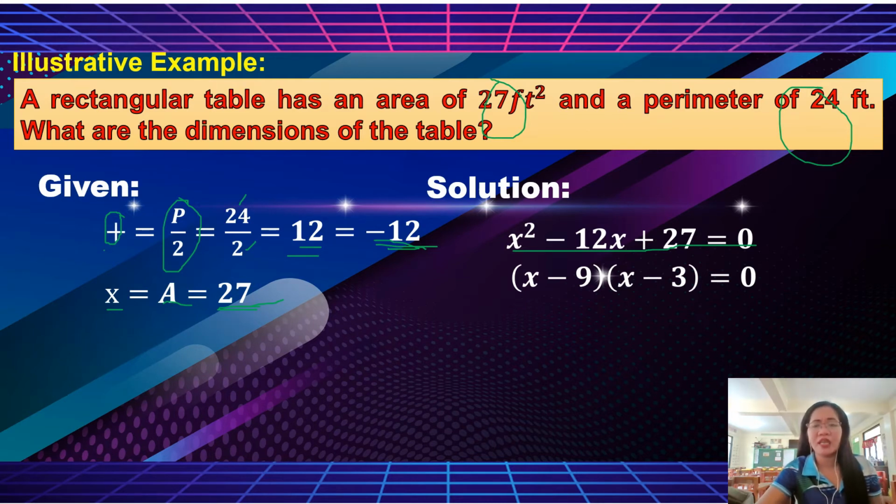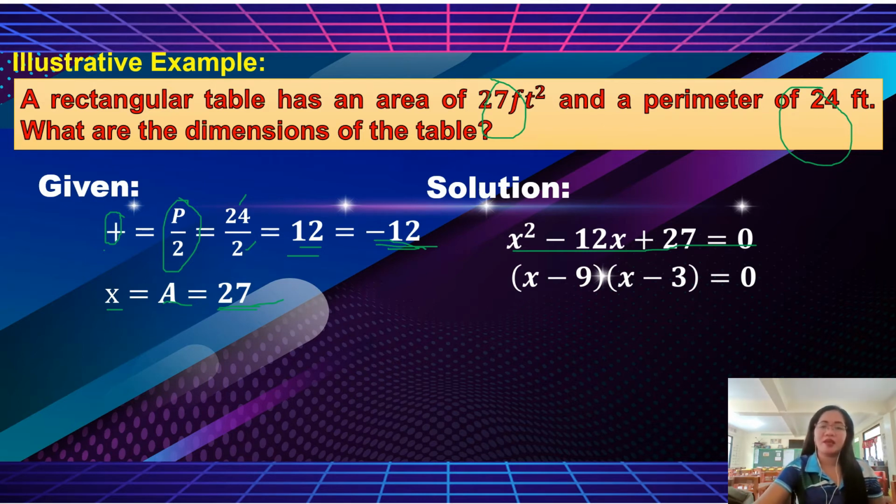And of course, you cannot use extracting square roots, because extracting square roots is only for when the given is only the quadratic term and the constant term, without the linear term. But in this case, the values of a, b, and c are all complete, so you cannot use extracting square roots. So let us proceed.